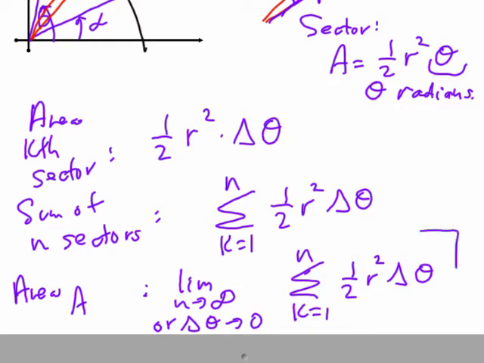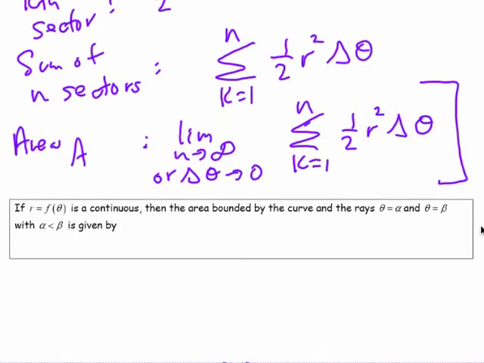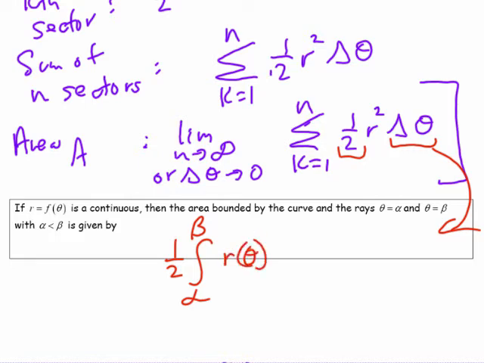This statement we know can be expressed as a definite integral. As the angle goes from alpha to beta, the 1/2 can pull out front since it's a constant, of r as a function of theta squared, and delta theta becomes d theta as our limit takes hold.